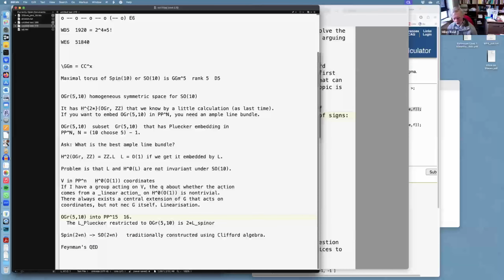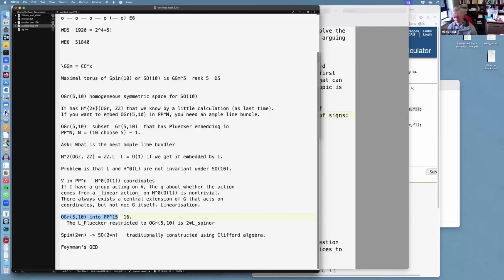What I've got here is this embedding. I've got this very simply defined algebraic variety, just given by these 10 spinor equations, and the 10 spinor equations are entirely specified by the Dynkin diagram D5.